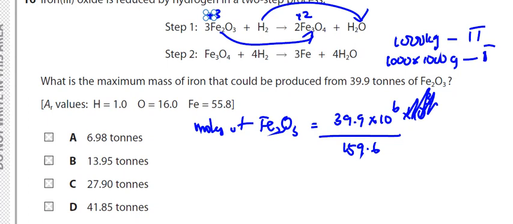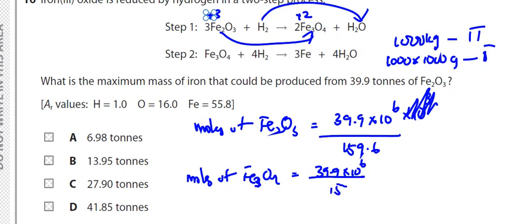That should be divided by 3 and multiplied by 2 to get the moles of Fe3O4, because the ratio is 3 to 2. So the moles of Fe3O4 would be this answer: the moles of iron 3 oxide divided by 3 to find the value for 1, multiplied by 2.